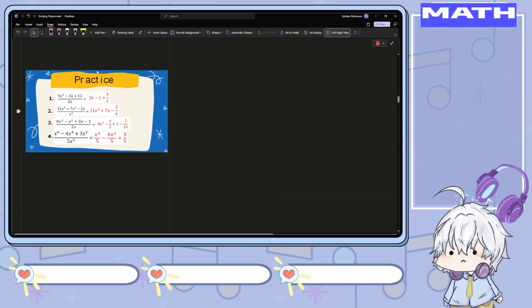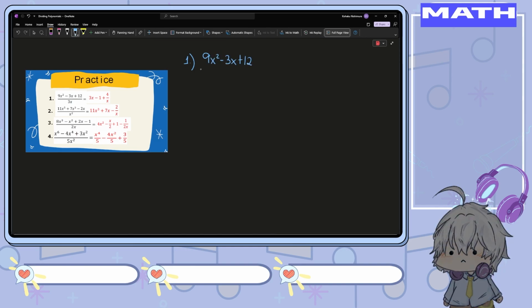You can do the individual practices on your own if you want to try it for yourself. Again, for this one, I will answer now the odd numbers. So, I start off with number 1. Number 1 has 9x squared minus 3x plus 12 divided by 3x.